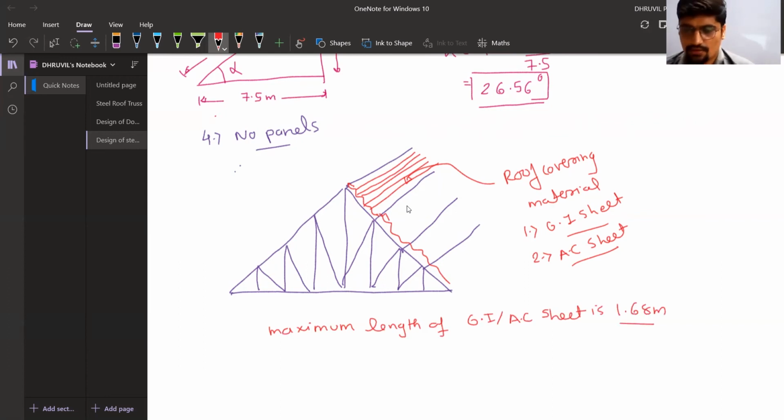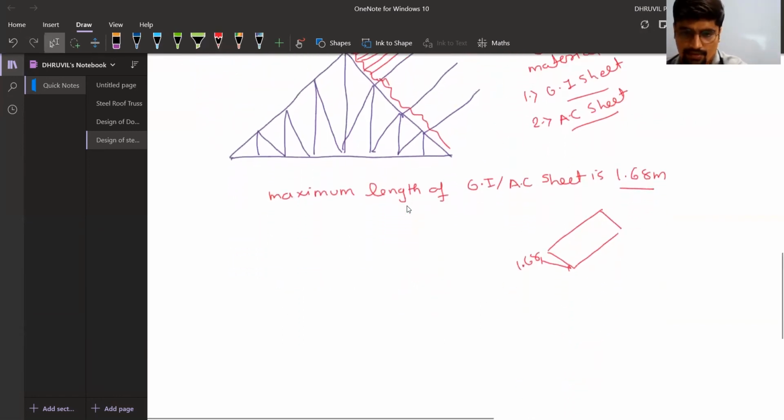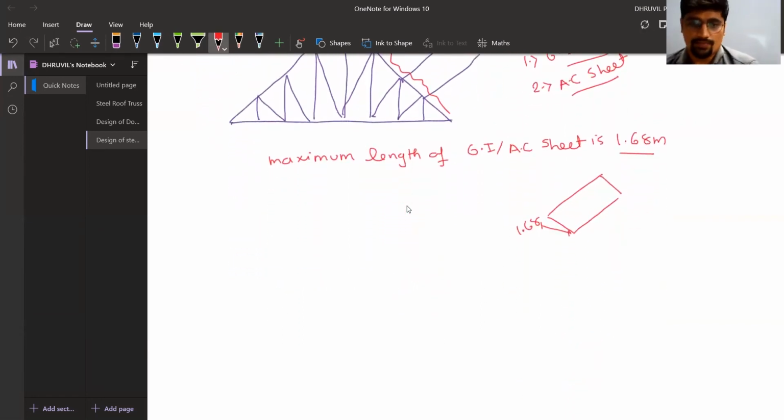Means if this is one roof covering material, then the maximum length will be 1.68. And we have the length of the principal rafter, which is 8.38.